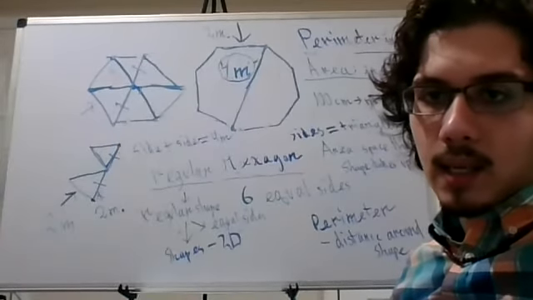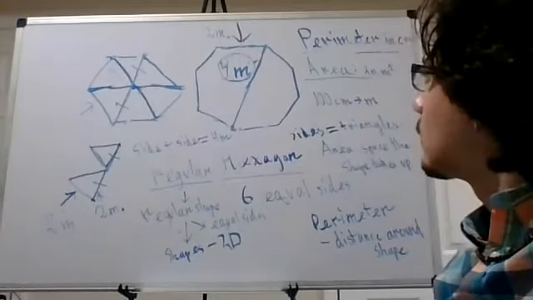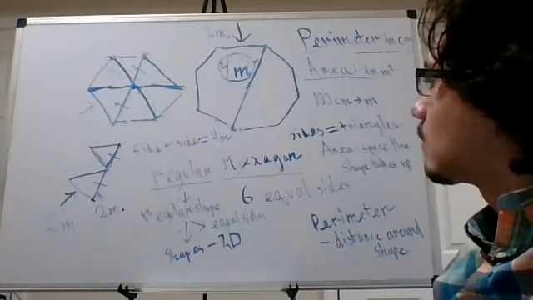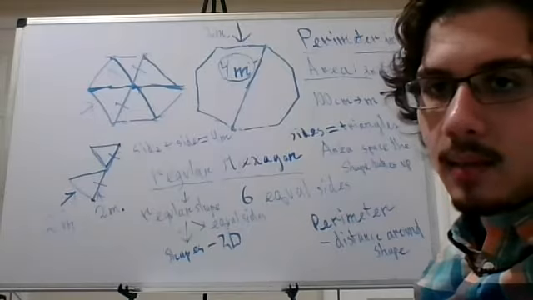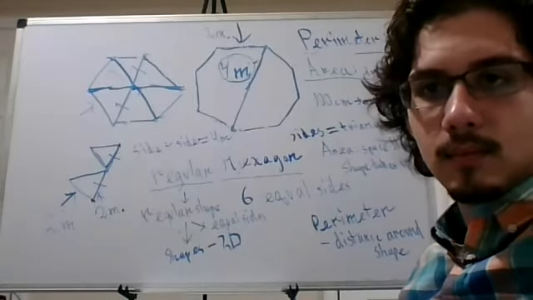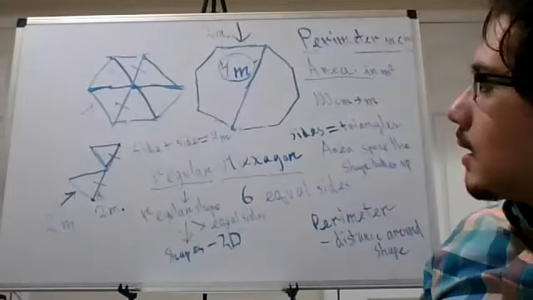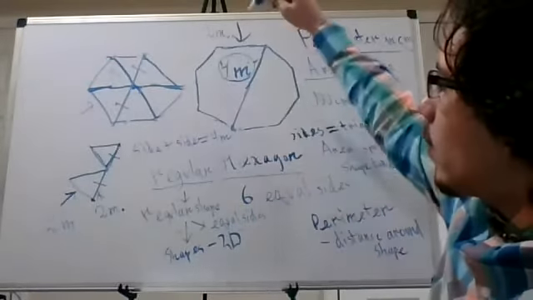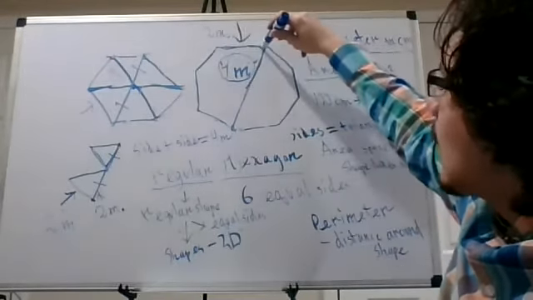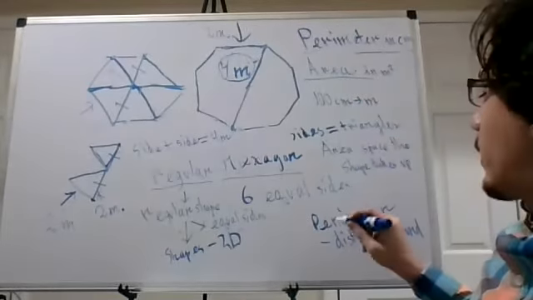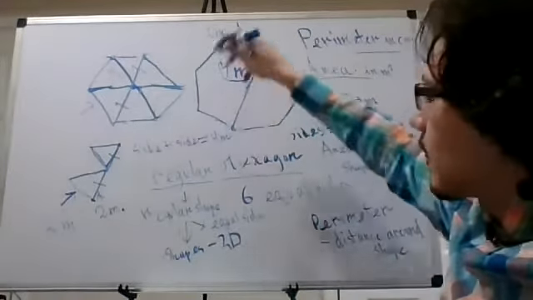How about Mr. Nathan? Are you there, Mr. Nathan? Sorry, sir, I didn't hear what you said. Okay. So, Mr. Nathan, we know what one of the sides of the hexagon is now, and we know that the perimeter is the distance around the shape.